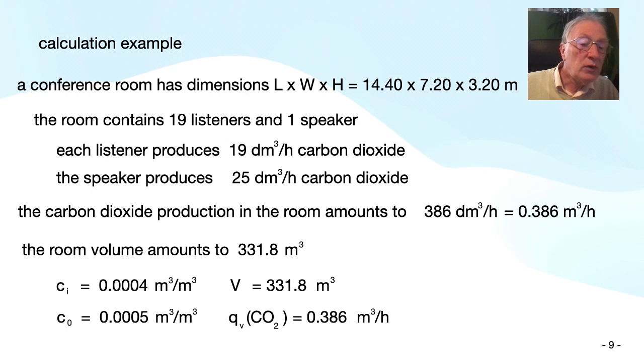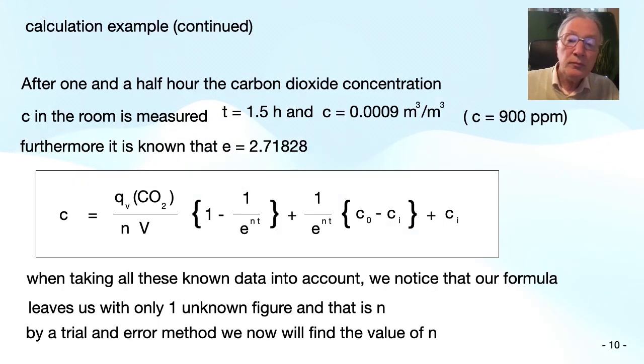We have the initial C0, that's the starting value in the room of the concentration, and that gradually goes up. We now have taken the measurement, and we say, okay, we take the measurement of the concentration after 1.5 hours, and then we find 900 ppm.